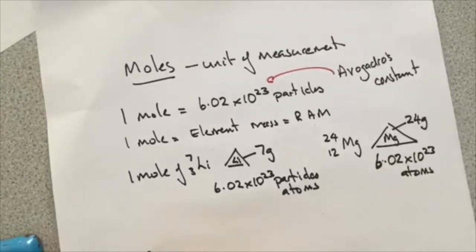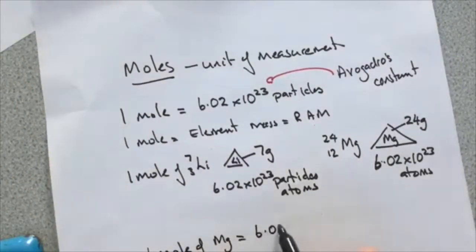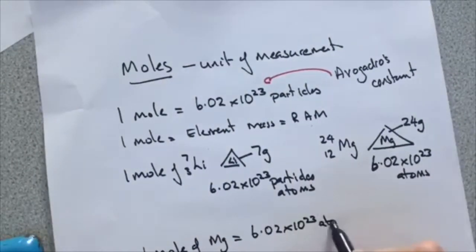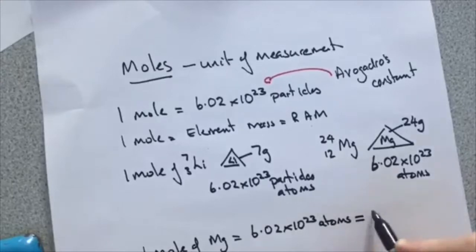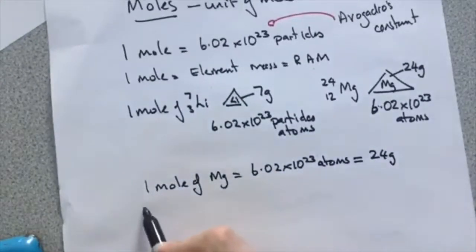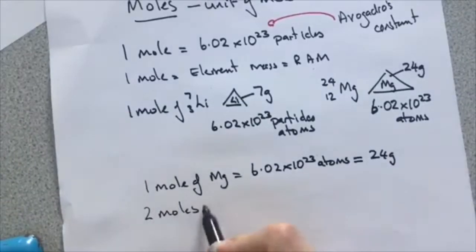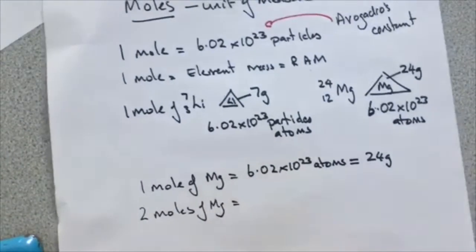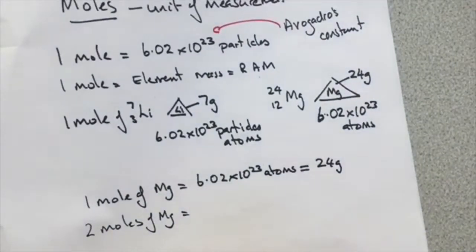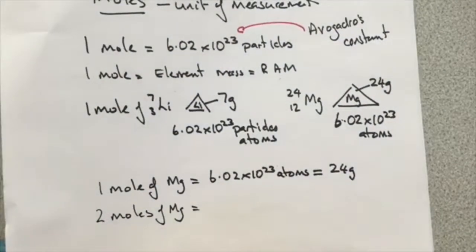For example, if I use my magnesium, I know that 1 mole contains this many particles or atoms because it's an element, and I know it's going to have a mass of 24 grams. Let's say that somebody comes along and they give me 2 moles of magnesium. How do I work out how many atoms there are inside there, and how do I work out the mass of that sample? A few seconds to think about that.